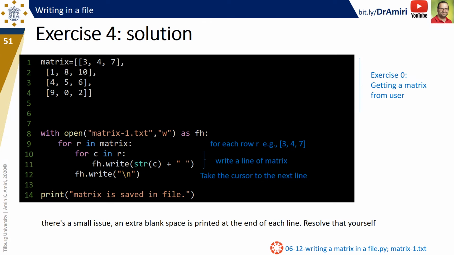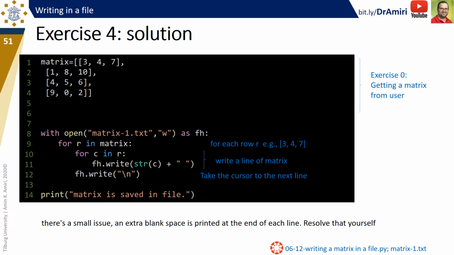Here is the answer to this question. As you can see in line 8, I used a with statement to open the file to make sure that the file is closed properly at the end of my commands that are related to this file. In line 9, I will iterate through the list in the matrix, which is a list of lists.